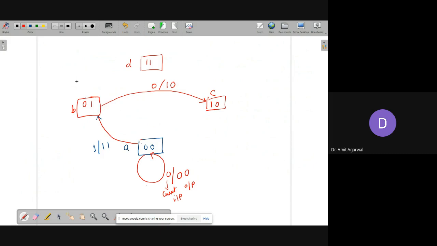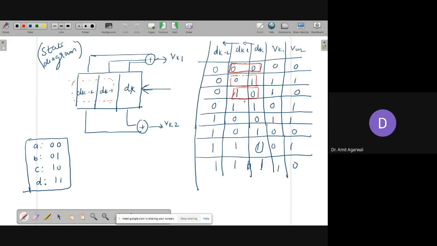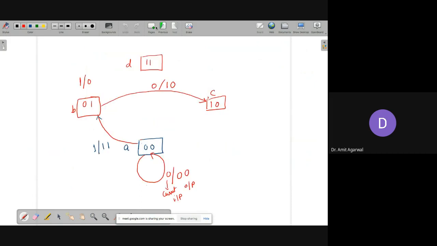When you are in 01 and input 1 comes, the next state will be 11 and the output will be 01.